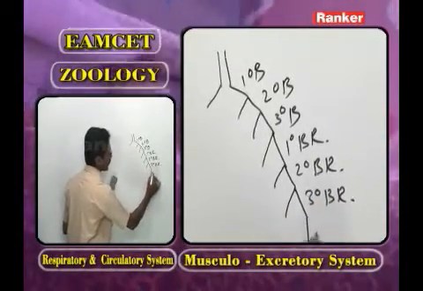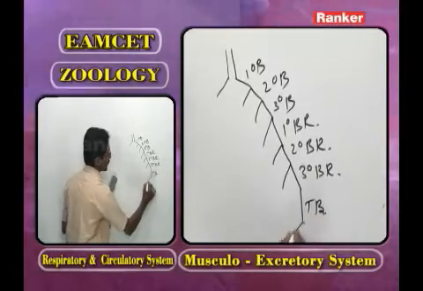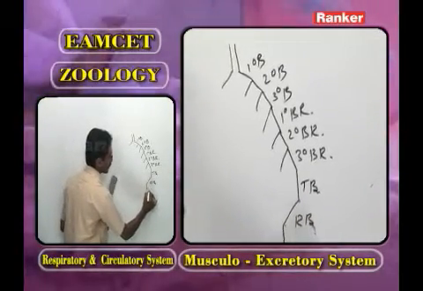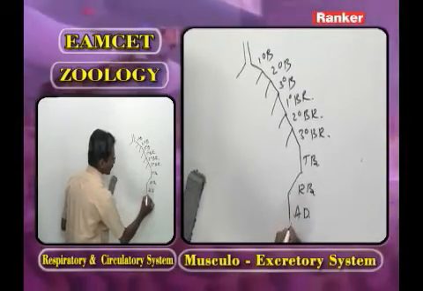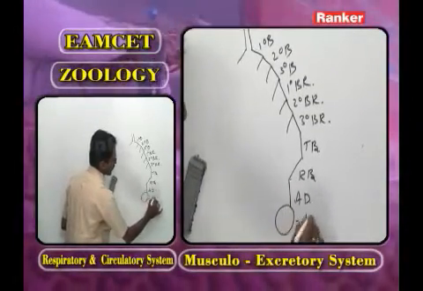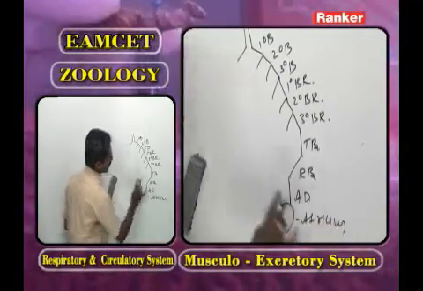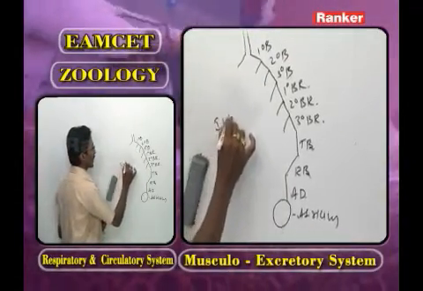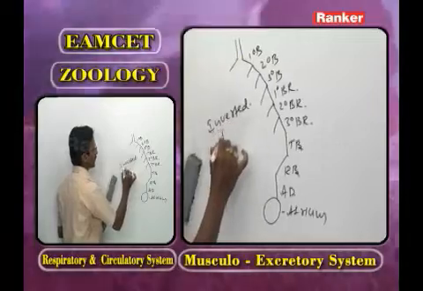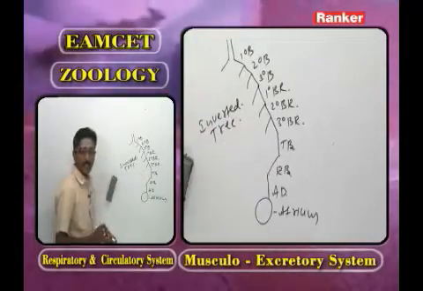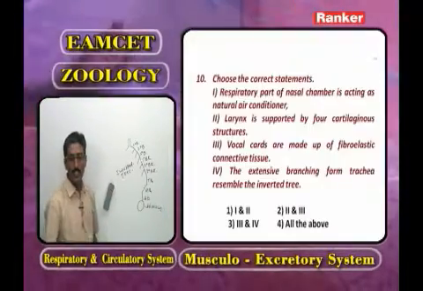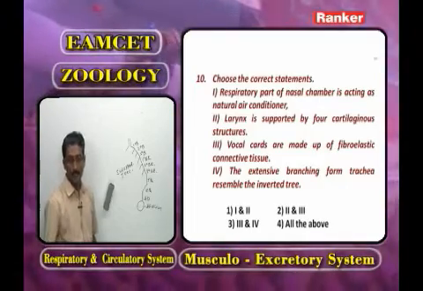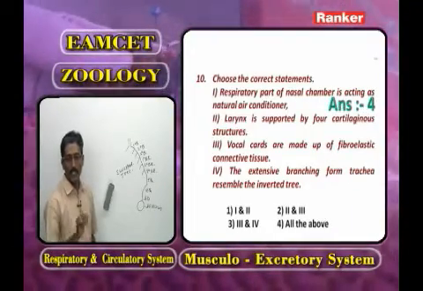And they divide into terminal bronchioles. They divide into respiratory bronchioles. They open into alveolar duct. That opens into atrium. Now you observe this diagram. It appears to be an inverted tree. So the fourth statement is also correct. Out of these, what is the wrong one? That is the first one. Now we go for the next.